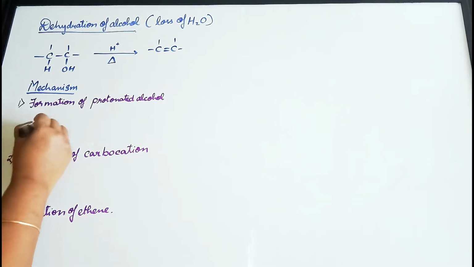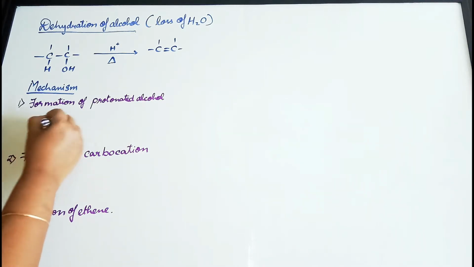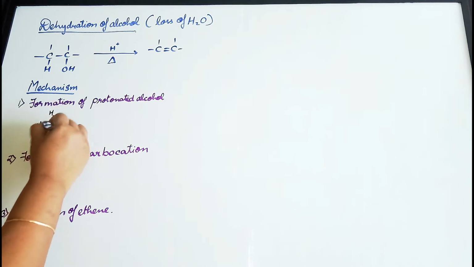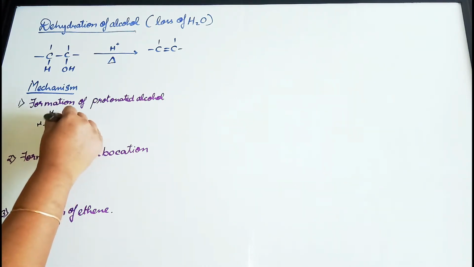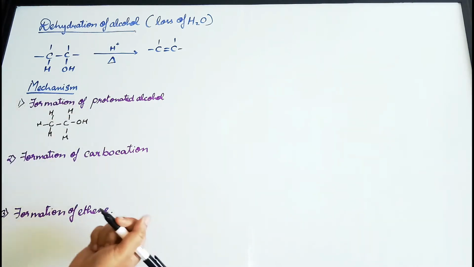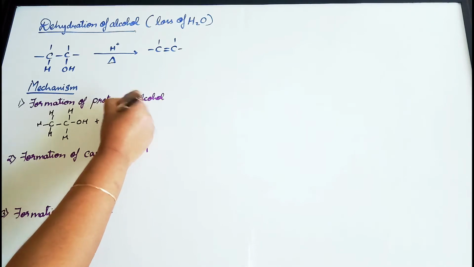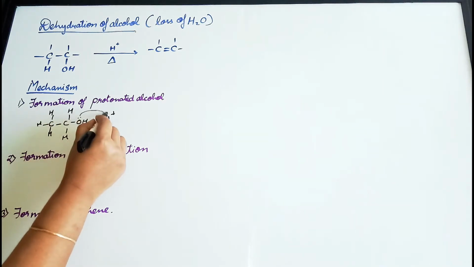So let's take an alcohol. In this case, we are taking ethanol. So this is ethanol, CH3, CH2, OH. This is reacting with the H plus. So when it reacts with the H plus, the lone pair of electrons will attack the hydrogen atom.